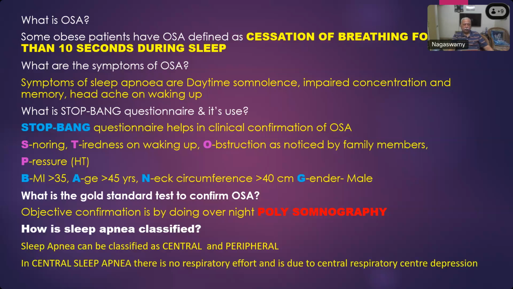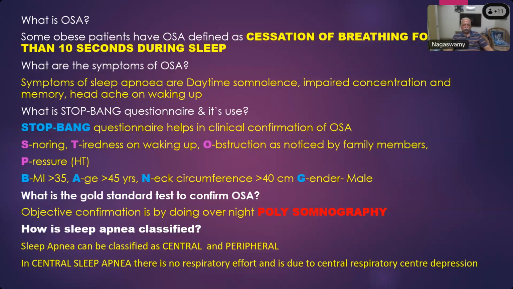In central sleep apnea, there is no respiratory effort at all, and it is due to central respiratory center depression. Whereas if you watch a patient with peripheral sleep apnea, they will attempt respiration. Their abdominal movement will be there, but no airflow will occur because the airway is totally collapsed.